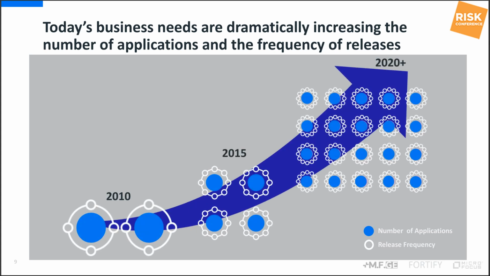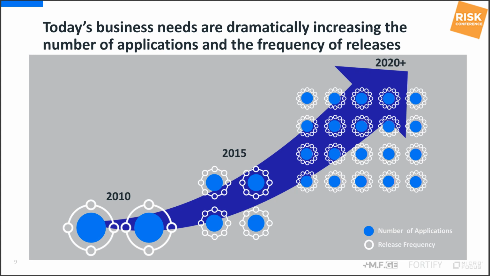Today's business needs, as you know, are increasing. For example, almost all business is digital business today. So IT plays a lot of important roles, and software development is becoming more and more important, making business needs more and more precise.